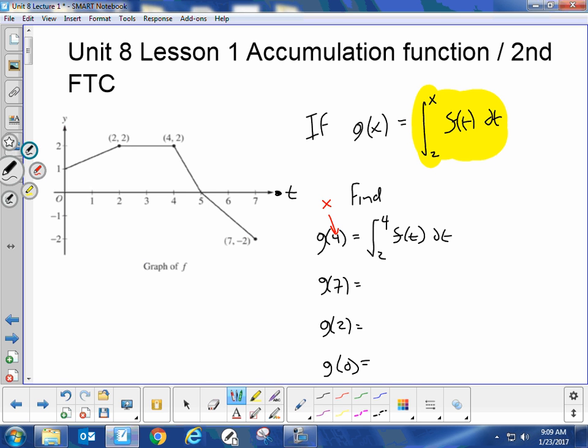Okay, so now this is an area problem. What is the area from 2 to 4? This is 4. Okay, you guys do g of 7, g of 2, g of 0. Just for practice, plugging in this value as an x and making sure we can find the correct areas. I'll go ahead and write down what these areas are for you so that you don't have to recreate the picture.